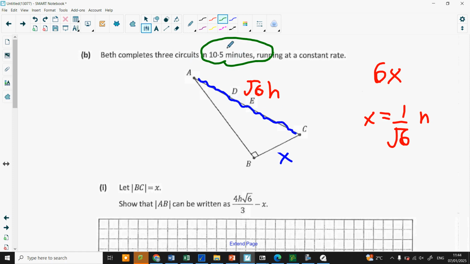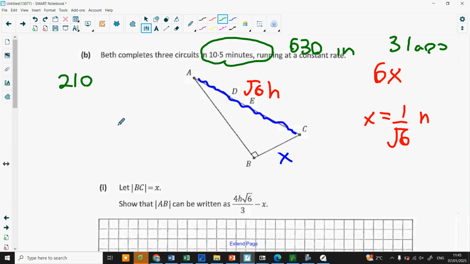How long did it take to run A to C? Oh, sorry. It says 3 circuits, doesn't it? So 3 circuits, what's 10.5 minutes in seconds? About 630? That's 630 in 3 laps.